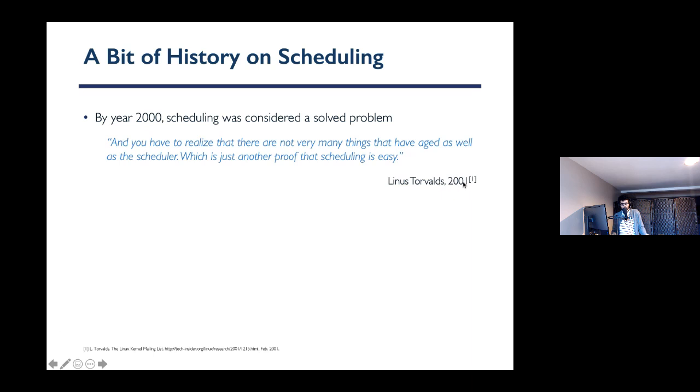This is 2001. And you have to realize that there are not very many things that have aged as well as the scheduler, which is just another proof that scheduling is easy. So this is what he said at that time: scheduling is easy, we have solved it, and it has aged well.